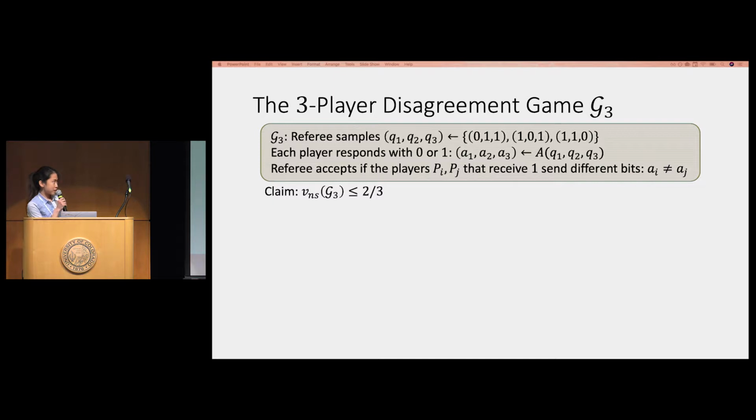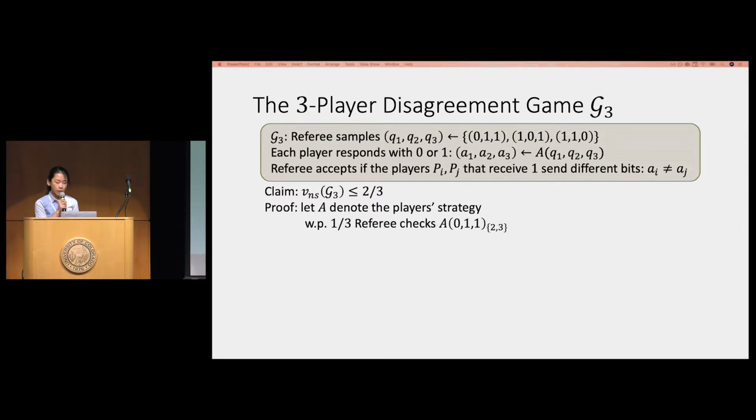So first, let's see why this game can't always be won by a non-signaling strategy. Let A denote the players' non-signaling strategy. With probability 1/3, the referee is going to send 011 and just look at the 2-3 marginal of the answer, right?